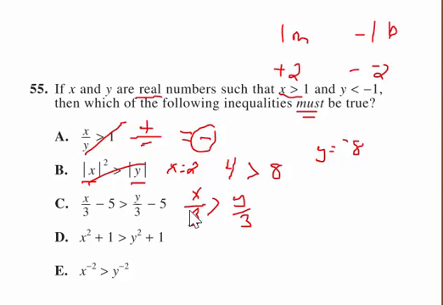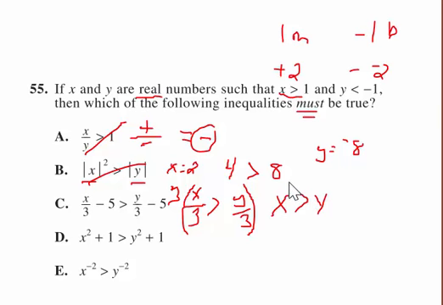Well, both of these are over 3 again. So just to make it a little clearer, I'm going to multiply both sides by 3 to reduce that even. So I'm left with x is greater than y. Great. Well, actually, now if x has to be greater than y, as it is here, let's look.